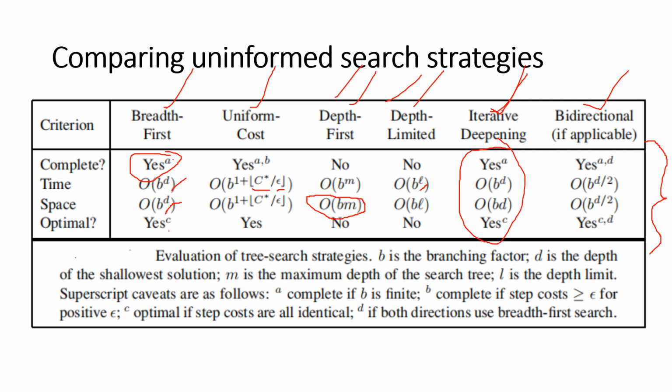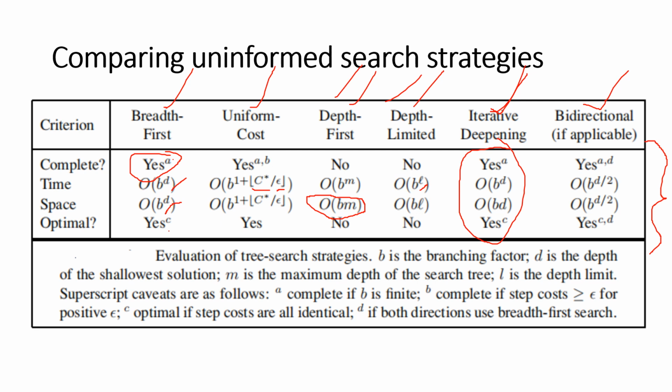And then next is bidirectional search. This is the fastest, but it has constraints, because if there is more than one goal state, or the goal state should be known clearly, then only we can do the backward search.